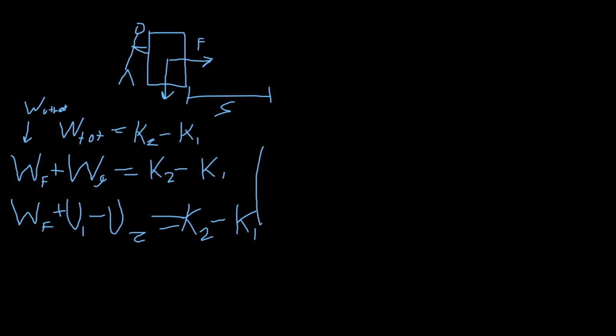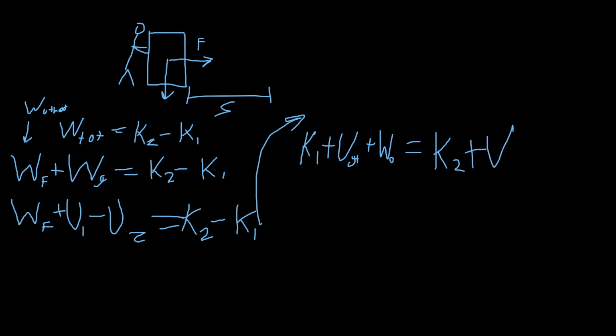And then we'll bring this up to here. So now this is going to be our final form. We're going to write K1 plus initial potential energy of gravity plus our other work, we'll just write an O now because we know what it is, equals the final kinetic energy plus the final potential energy from gravity.